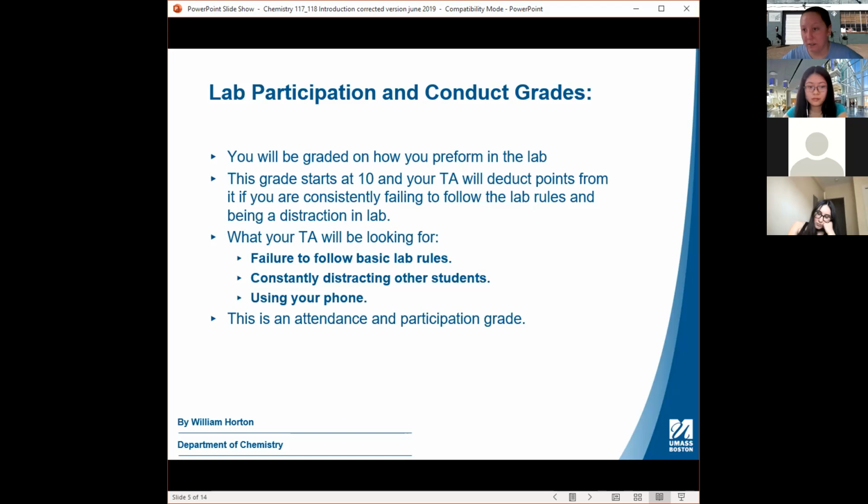So if you consistently forgot lab goggles or forgot to put on lab goggles, that would be something that would count towards your grade. Or if you came in with like food or drink, things like that. But in a virtual setting, we don't really need to worry about those things. So as long as you are present and not disruptive, you will be a-okay.